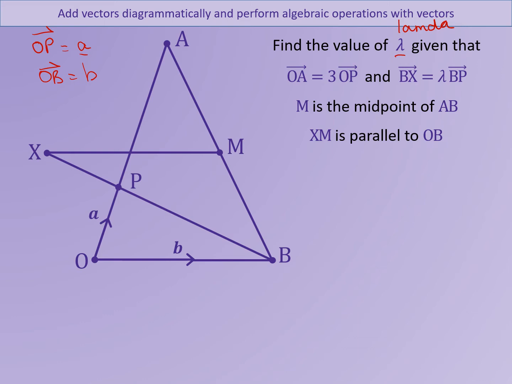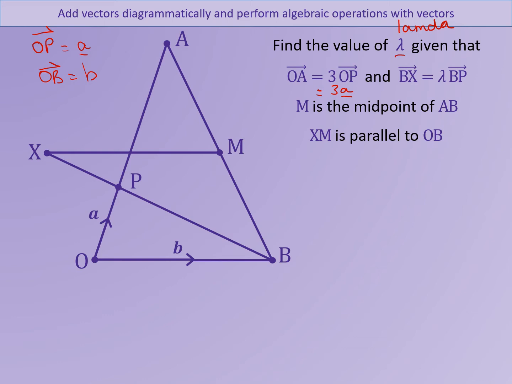So if we take a look at the information, we have the vector OA is equal to 3 lots of OP. So that means that OA must be equal to 3A. And BX is equal to some number, some multiple of BP. And that's the thing that we're trying to work out. So we're trying to work out what lambda must be.